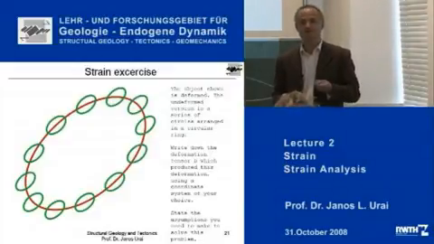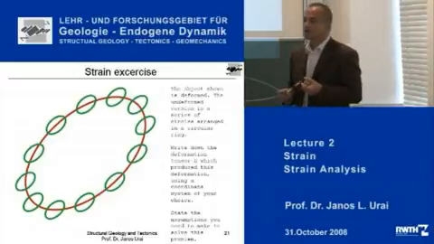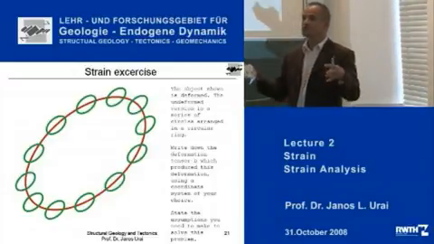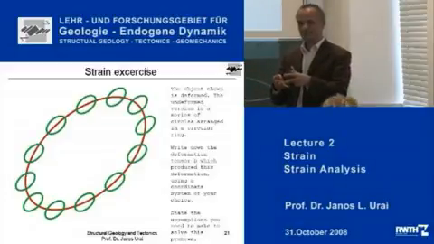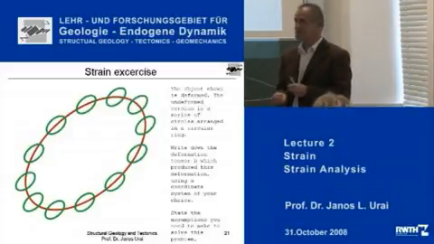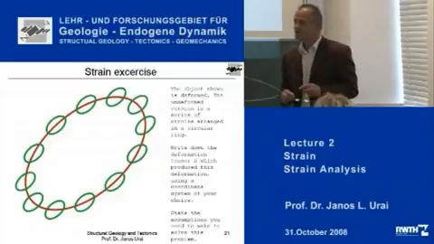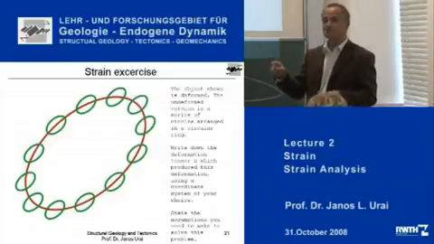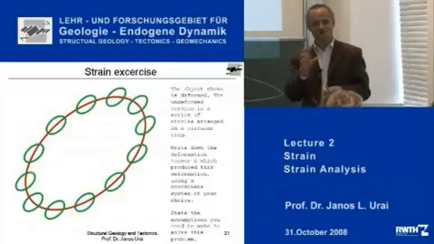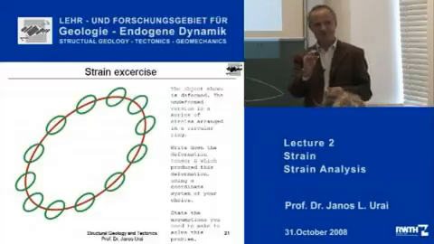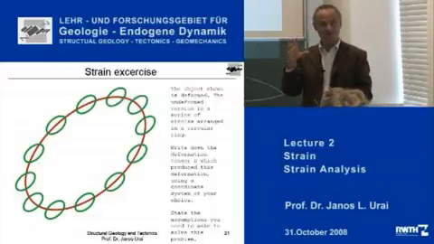And what is the second assumption that you have to make? The second assumption concerns the change in volume or area in this two-dimensional case. In principle, if you say, okay, it used to be circular, you don't know how big the circles were. Maybe the circles were small, maybe they were big.